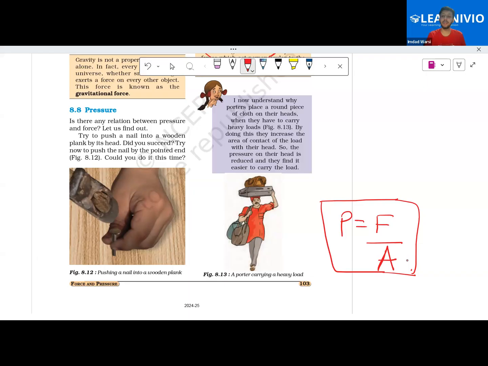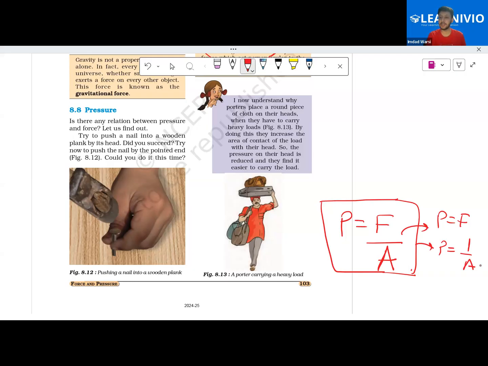But now you see, pressure is not equal to area. From here we can say that pressure is equal to force, but pressure is not equal to area. Pressure is equal to 1 upon area. This means if you increase this, this will increase. If you decrease this, this will decrease.